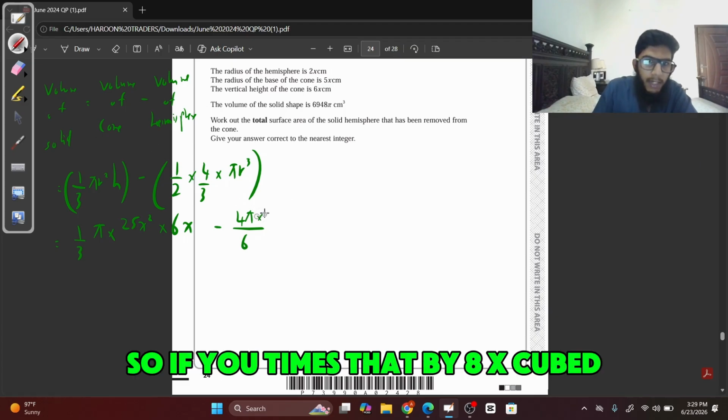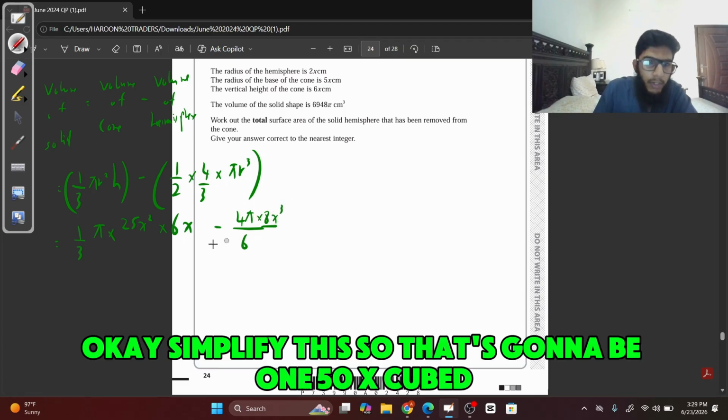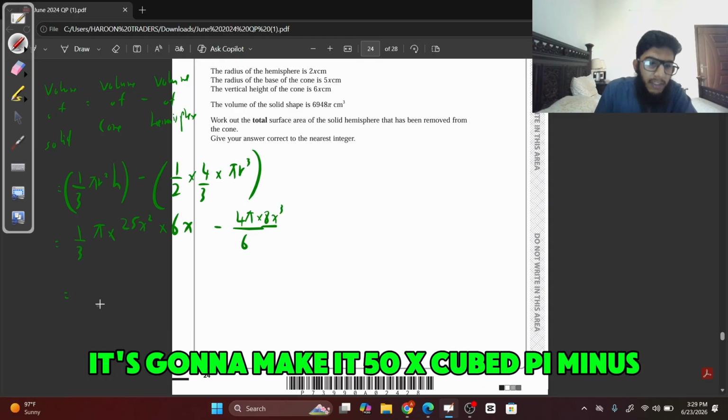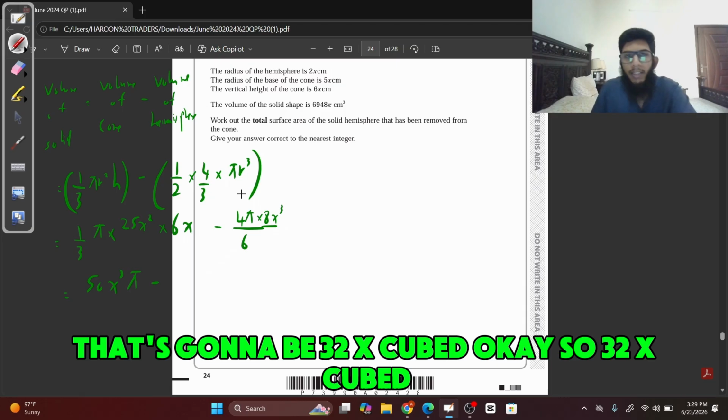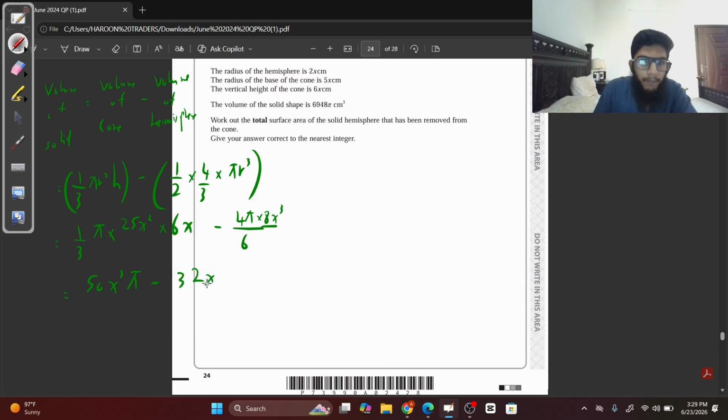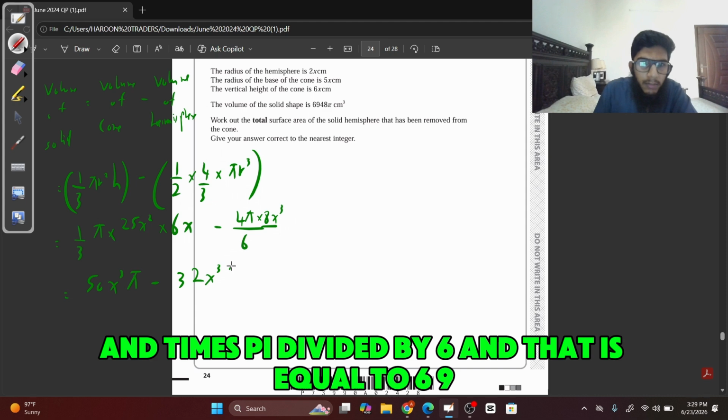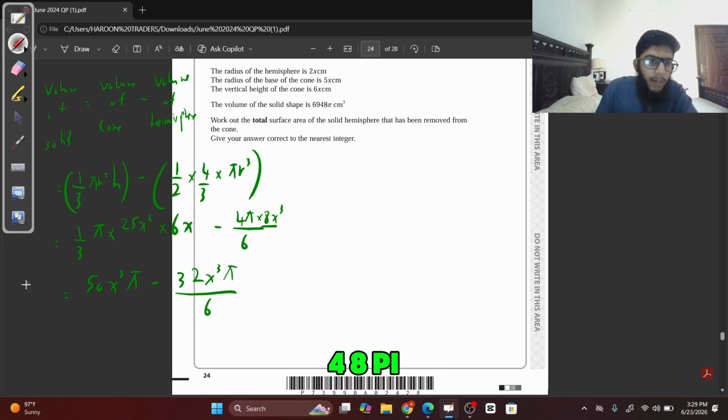So if we times that by 8x cubed, simplify this, that's going to be 150x cubed. And if we divide by 3, it's going to make it 50x cubed pi minus 32x cubed times pi divided by 6, and that is equal to 6948 pi.